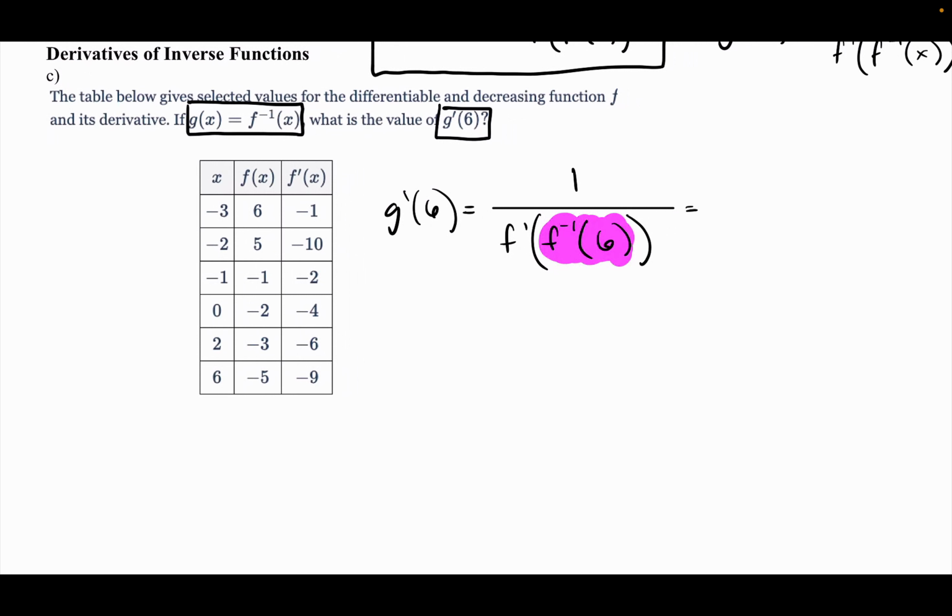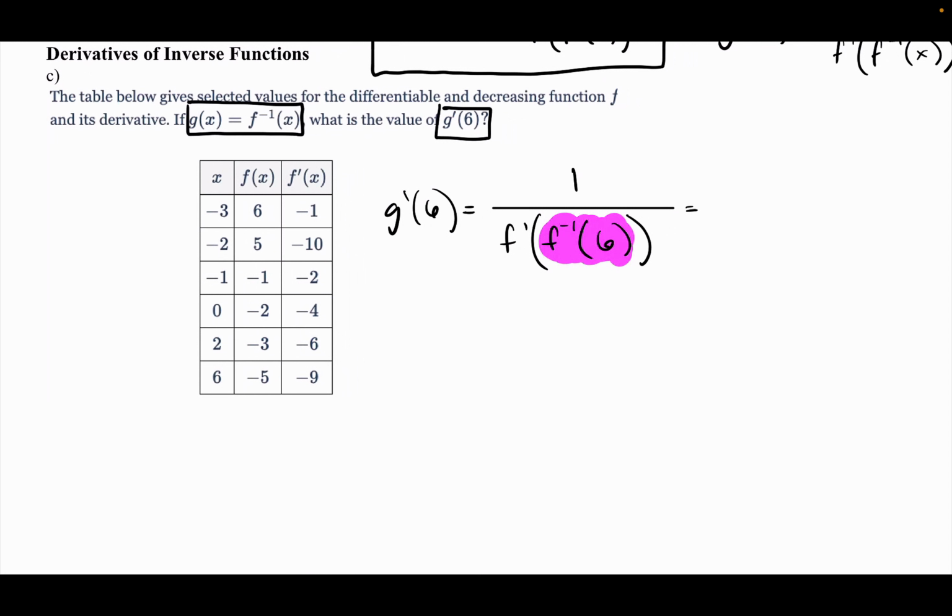What does that mean? What does the purple mean? Pink, purple. The inverse. It's the inverse when x is 6. So in other words, not when x is 6, when y is 6, because the inverse flips them. So I got to go to my table.